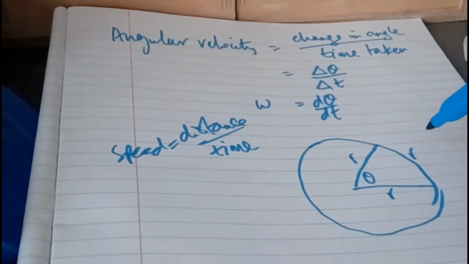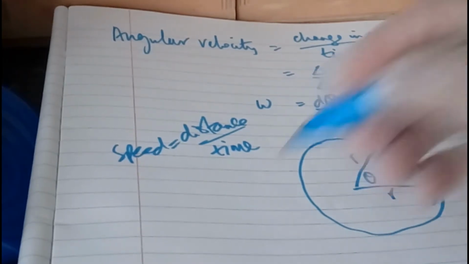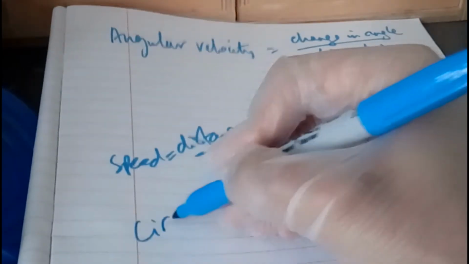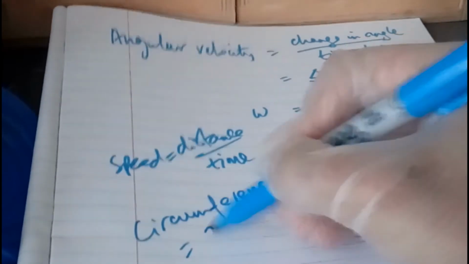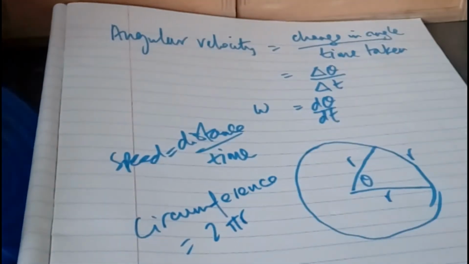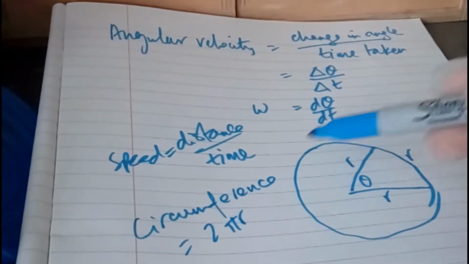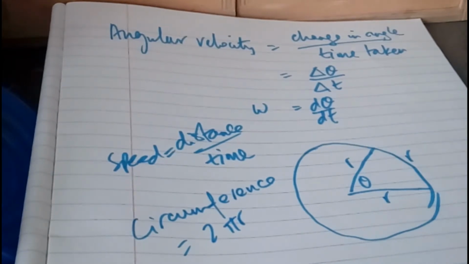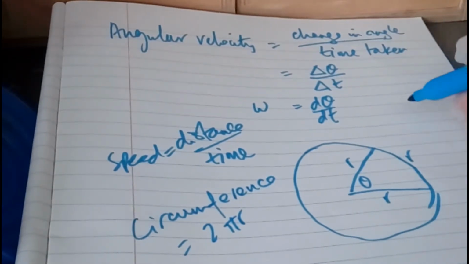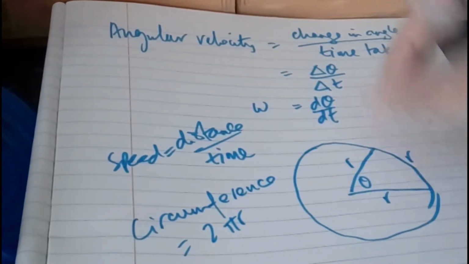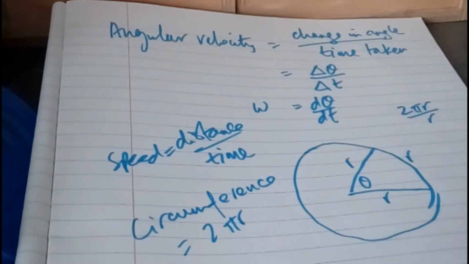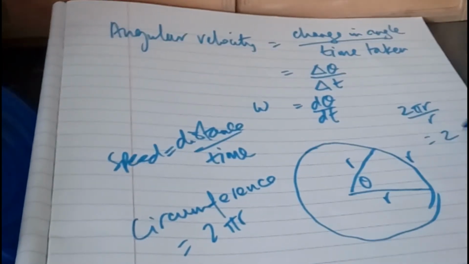So what is 1 radian? What is the circumference? The circumference is equal to 2 pi r. So how many r's do we have around the circumference? That will be 2 pi r divided by r. So how many of these go around the circle? The answer is 2 pi.